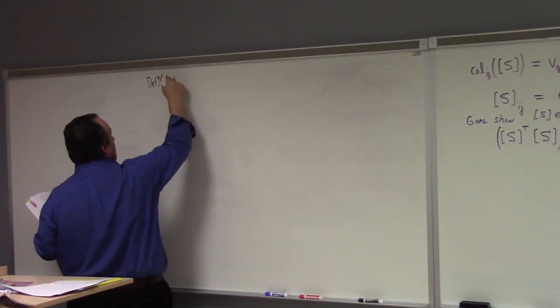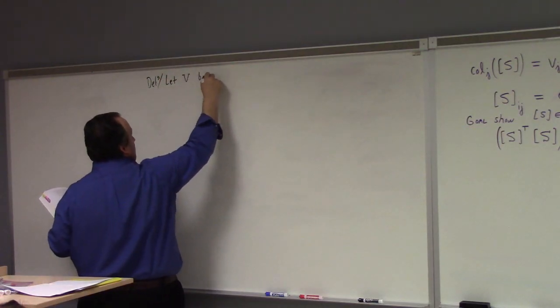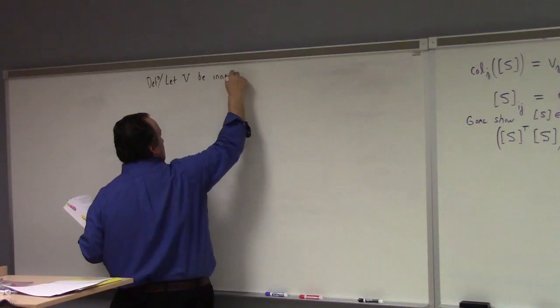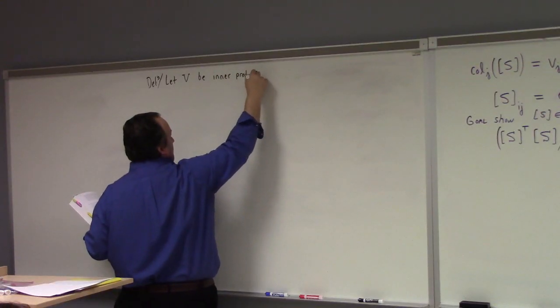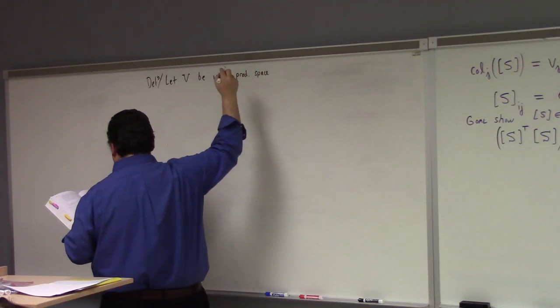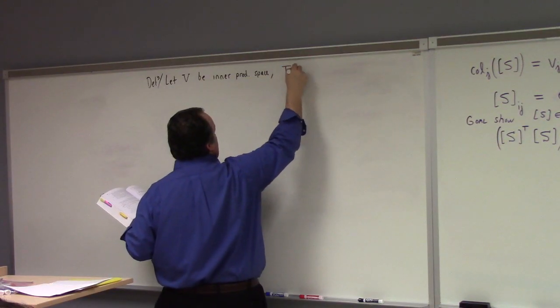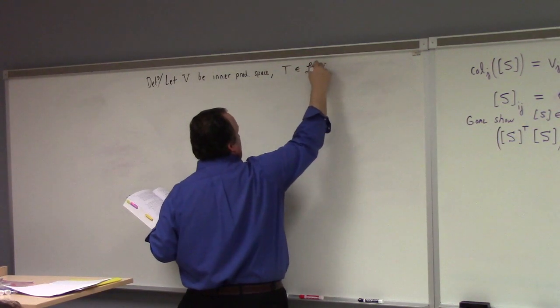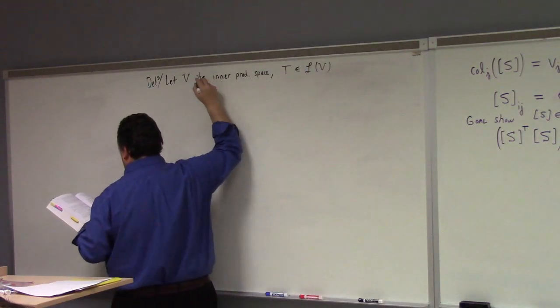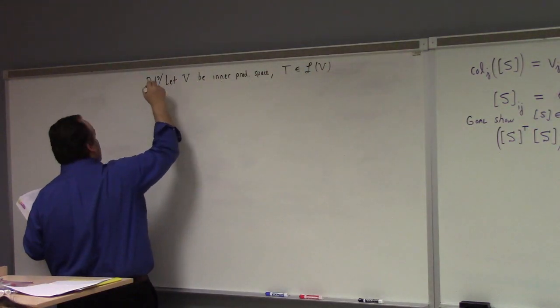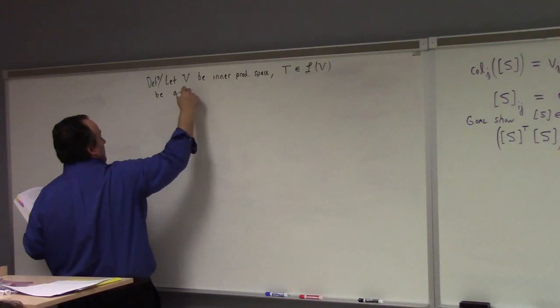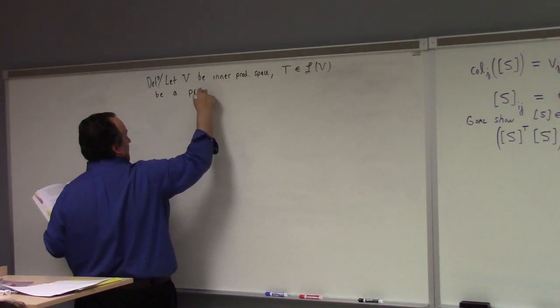Let V be an inner product space and T a linear transformation on V, a projection.